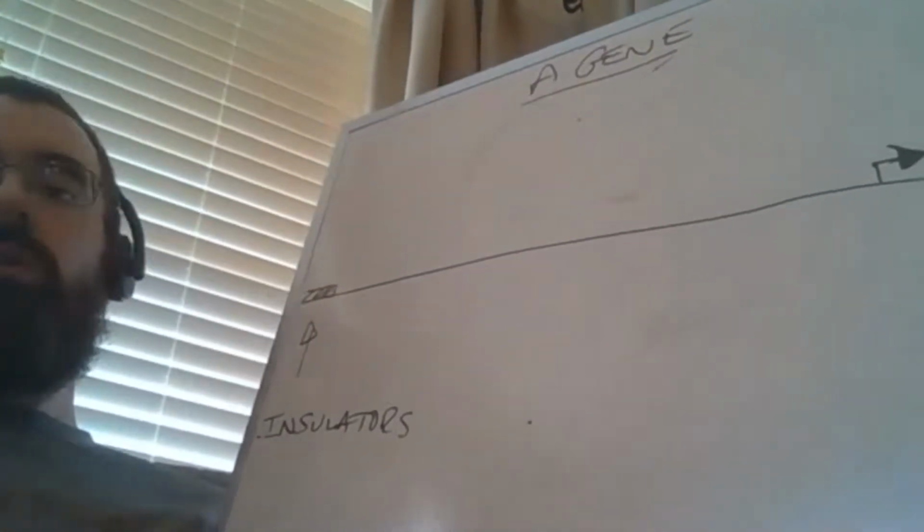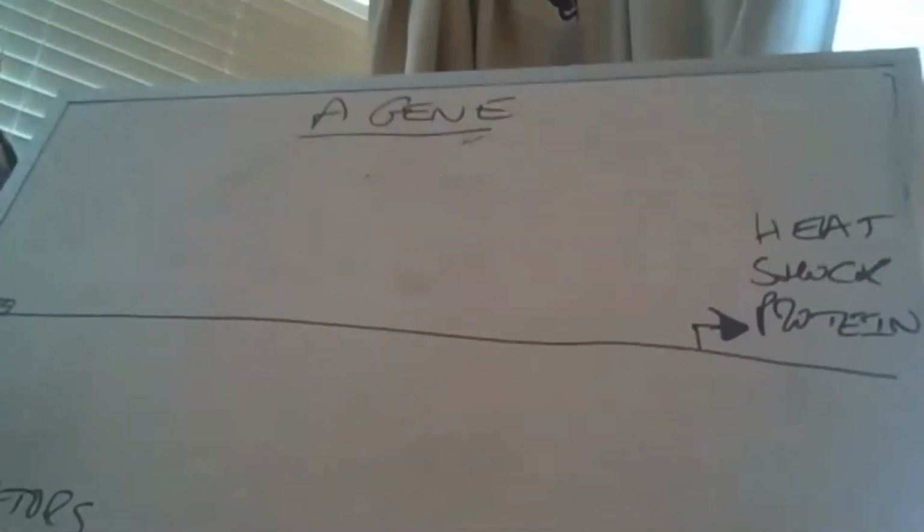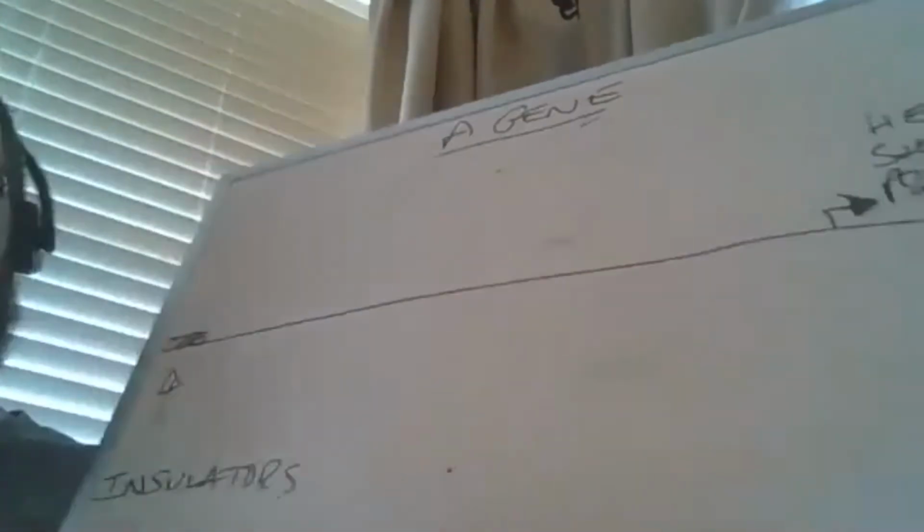So let's say this is a heat shock protein. That coding sequence over there is going to encode a protein that helps respond to heat shock.